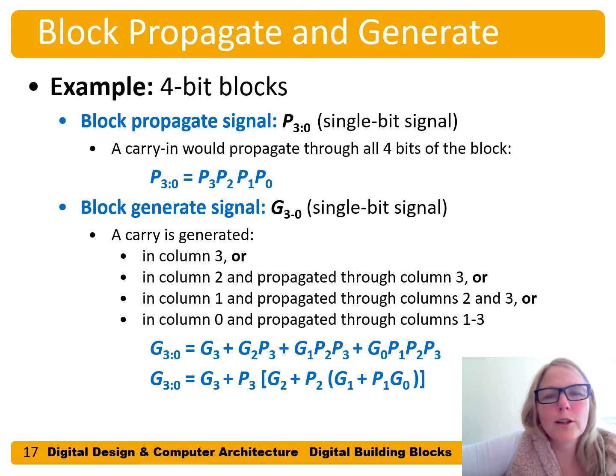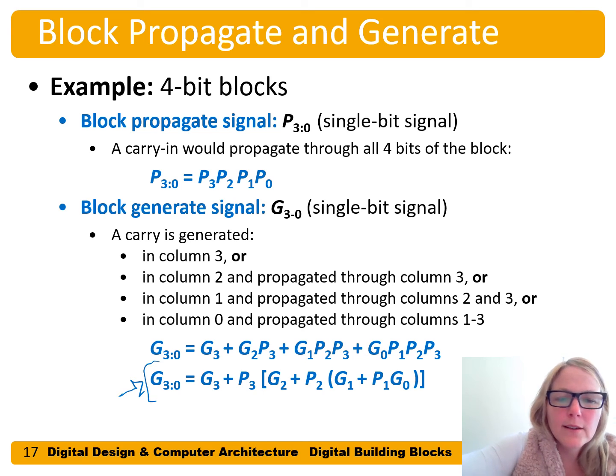And so, in summary, we have block propagate and generate signals too, where we want to know, hey, would the entire block propagate a carry that came into it? In this case, C sub I minus 1, would it propagate that to the output? Well, if all of the propagate signals are true, it would. Would it generate a carry out within, independent of the carry in to that block? Well, we derived that equation for G3 colon 0.